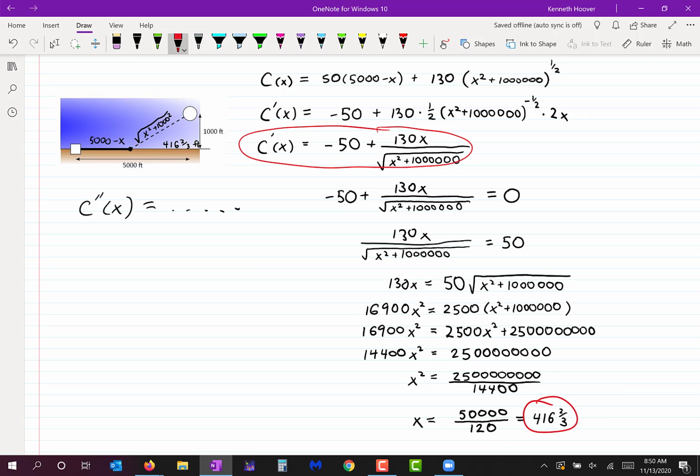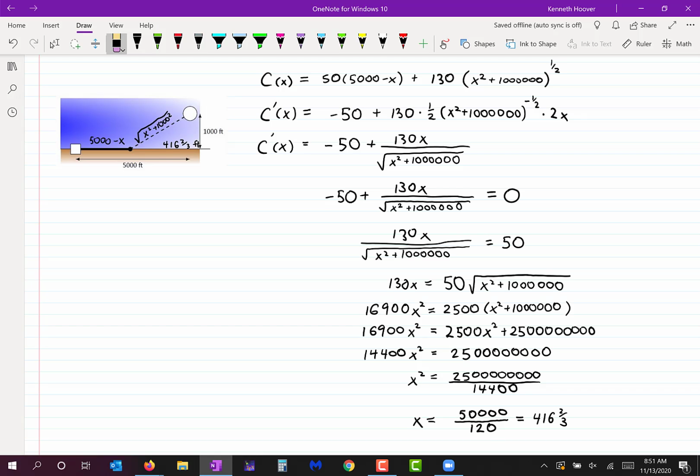Plug in this number, and what you're going to find is you get a positive answer, which means the graph is concave up, which means this gives you a minimum. But you might choose to not even do that, because you might say, like we did in the first two, I only got one critical value, and so that critical value must be the answer I'm looking for, because if it's not, then what would the answer otherwise be? But if you wanted to really check it, that's what you would do.